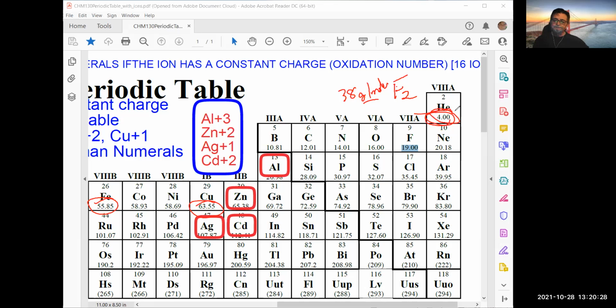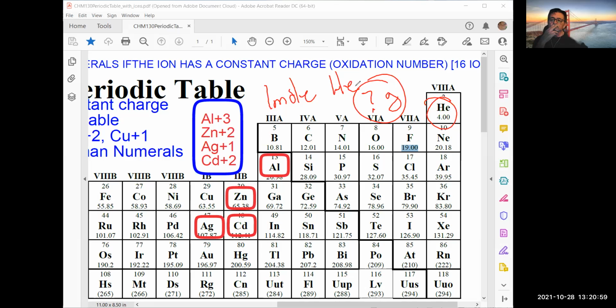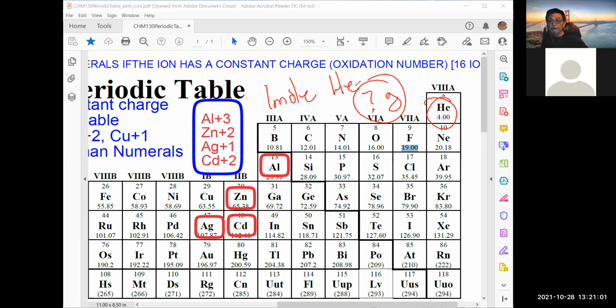Anybody want to give a shot at that? One mole of helium, how many grams is that? Four. Yes, 4, exactly.